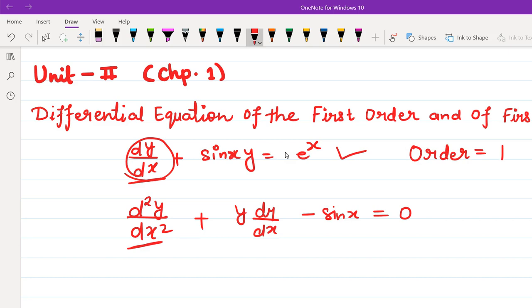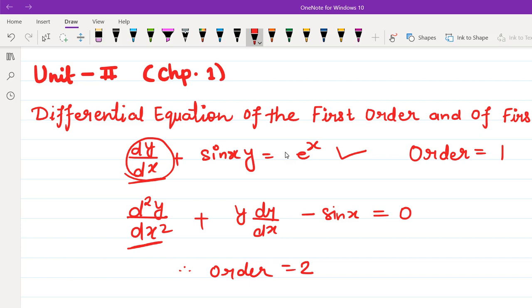In the second example, the highest order derivative present is d square y by dx square. Therefore, the order is going to be 2. So the order of a differential equation is the order of the highest order derivative present in it.